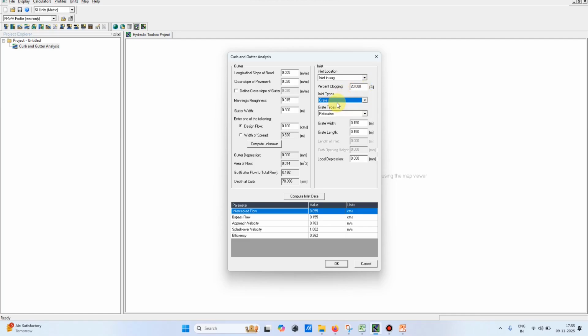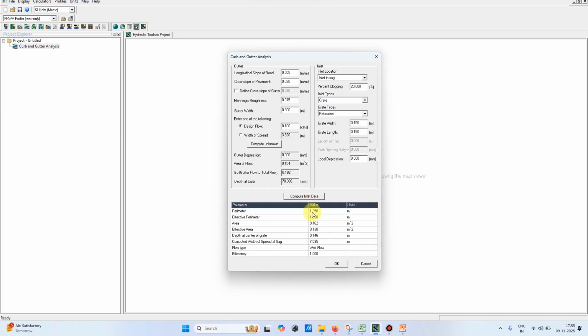The grate type will remain the same. It will be a reticulin type of grate structure. I mentioned the reticulin type, that is nothing but the honeycomb, and the grate size will be the standard 0.45 by 0.45. Okay, so let's compute whether this size is capable of taking this flow or not.